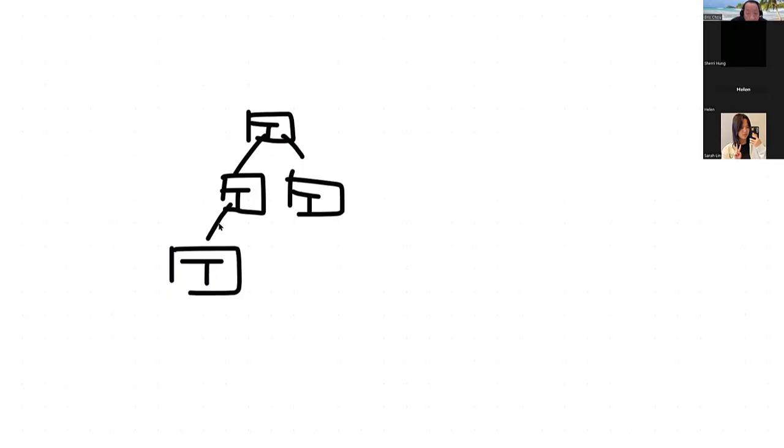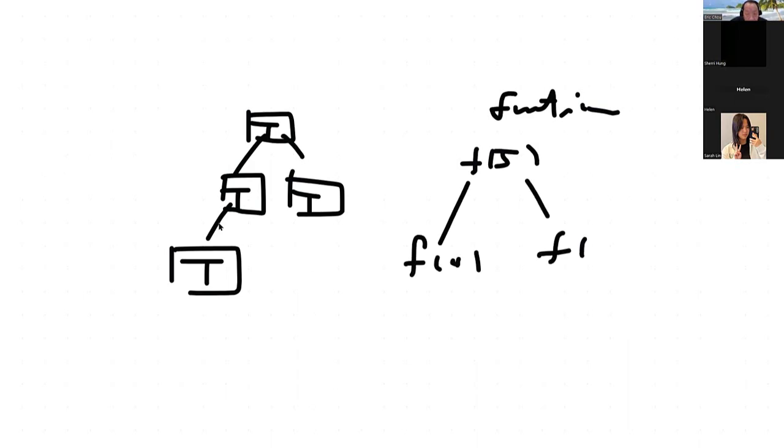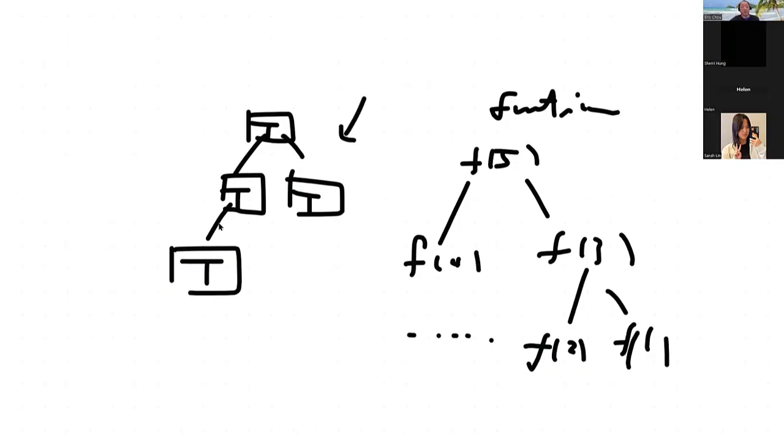The other one is called the functional recursive call tree. The calling tree is Fibonacci 5 calling Fibonacci 4 and Fibonacci 3, Fibonacci 3 calling Fibonacci 2 and 1, and then continue. So you may organize the data like this, okay? And this is actually the function call tree. This one is actually the data tree.